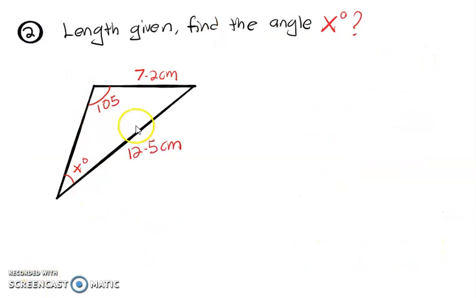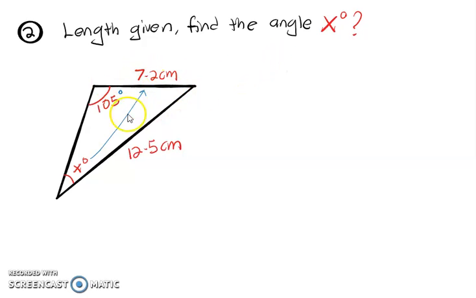Okay, for the second question here, we are given a pair over here, 105 as the angle, and here is the length 12.5, and here the angle is becoming x, and you can see the pair over here is a 7.2 length.